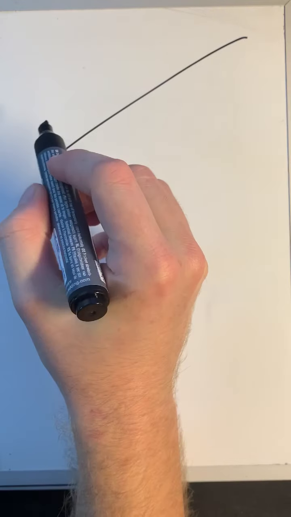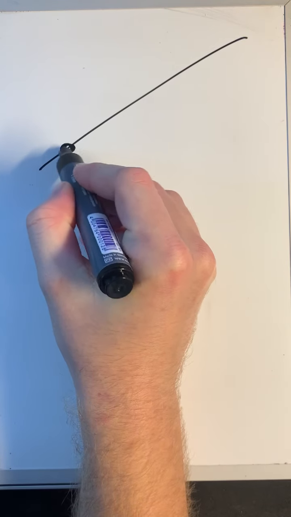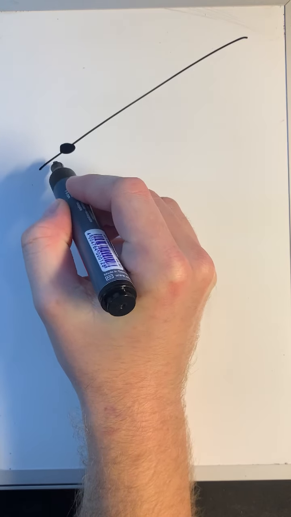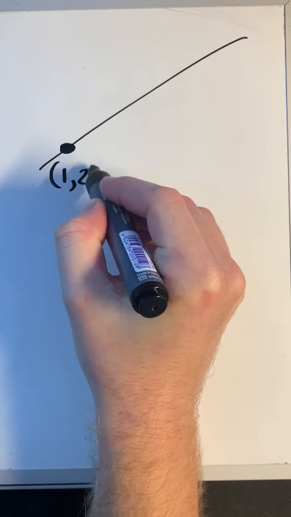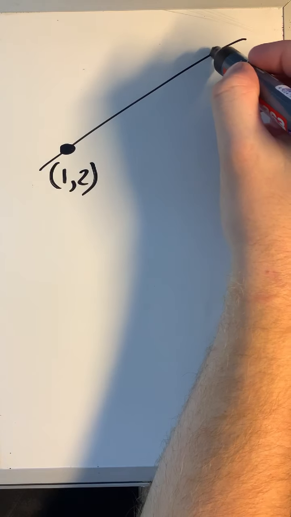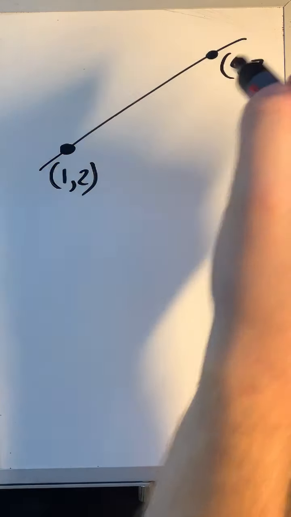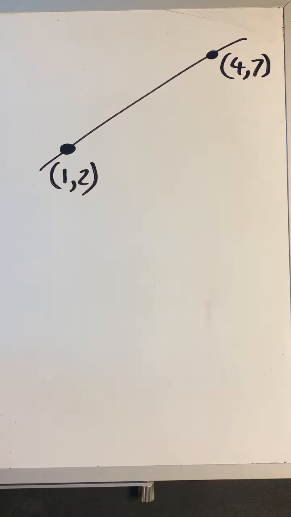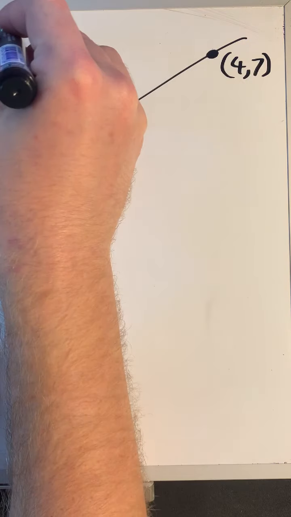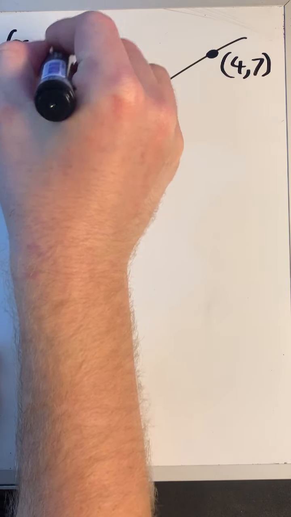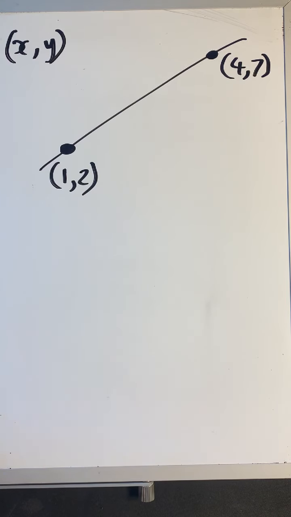We've got coordinates all along this line. Say, for example, we've got these two coordinates here. We've got the coordinate 1, 2, and the coordinate 4, 7. And always remember, when we're talking about coordinates, they're in this form, x and y.